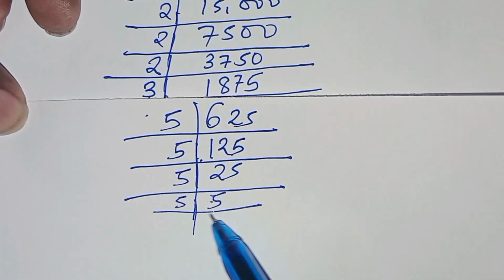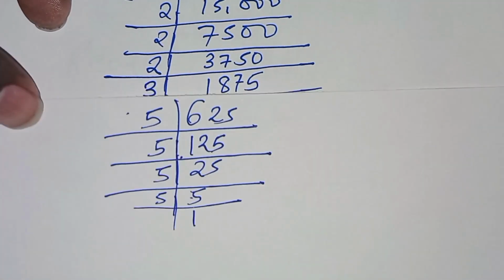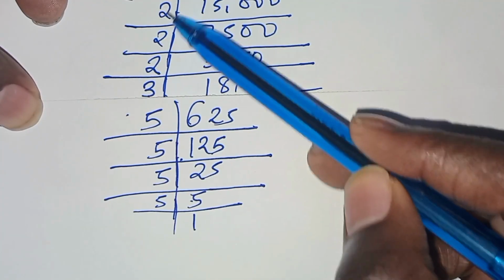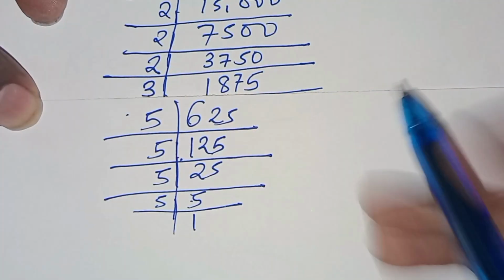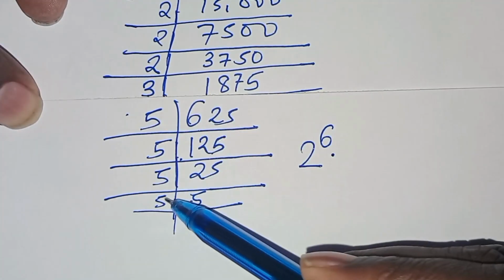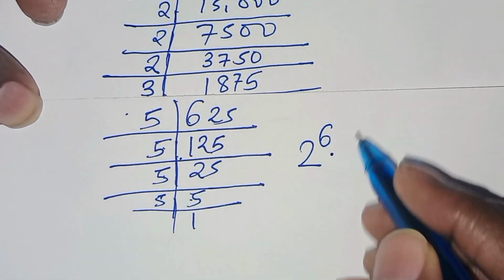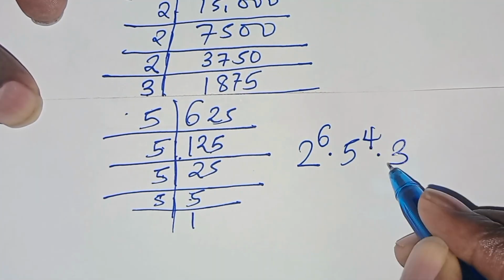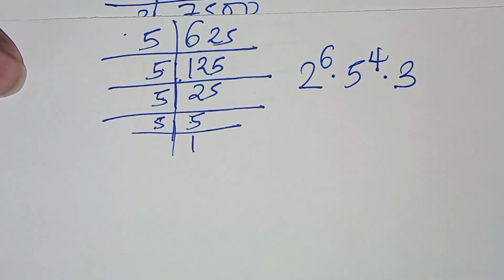And then 5 divided by 5 is 1. So essentially here we have 2 times 2 times 2 times 2 times 2 times 2, which is 2 to the power 6, times 5 to the power 4, times 3.